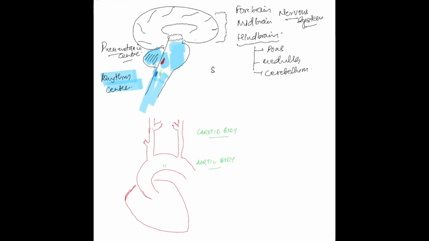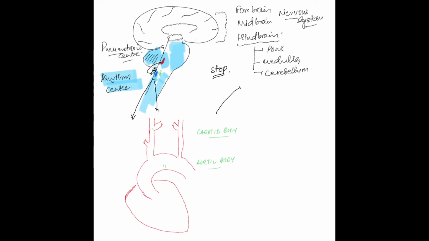The pneumotaxic center has an inhibitory effect on the rhythm center. It is like a stop button. When the rhythm center gets activated, it sends signals to the diaphragm and the external intercostal muscles, and they start contracting and inspiration begins. When enough inspiration has taken place, the pneumotaxic center gets activated and it inhibits the rhythm center.